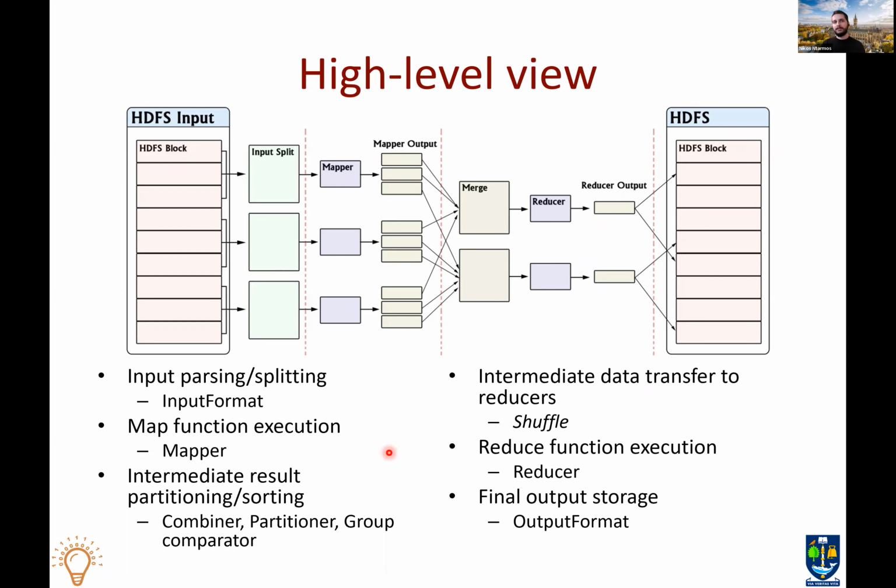As programmers, we can define or not define the combiner. Even if we define a combiner, there is no guarantee that the system will actually use it. MapReduce has some internal logic that tries to decide whether it makes sense to use the combiner or not.